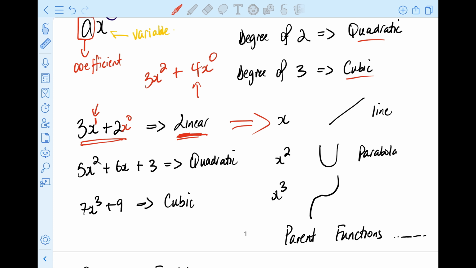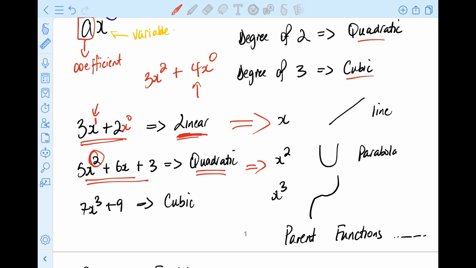Now, examine my second example here. The highest or largest exponent is 2. And what we said was if the highest exponent is 2, then that represents a quadratic. And every quadratic, every single one, can be represented by what is called a parabola.